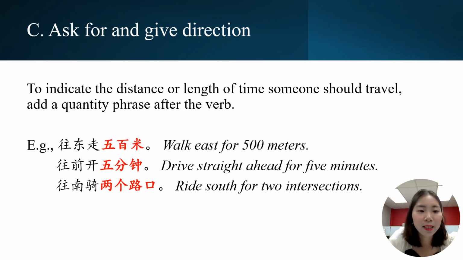To indicate the distance or length of time someone should travel, add a quantitative phrase after the verb. 往东走500米 walk east for 500 meters. 往前开5分钟 drive straight ahead for 5 minutes. 往南骑2个路口 ride south for 2 intersections.